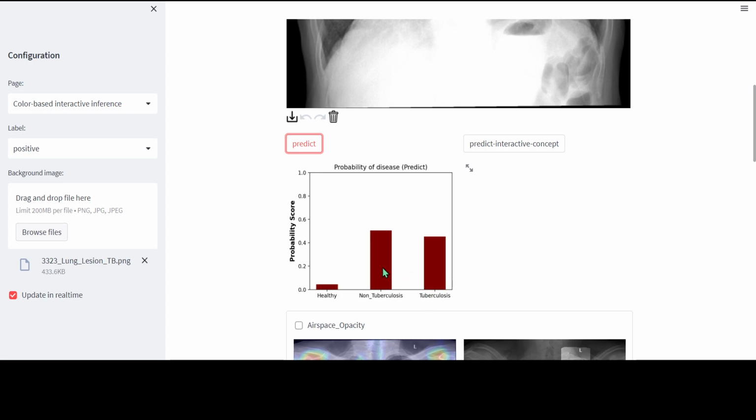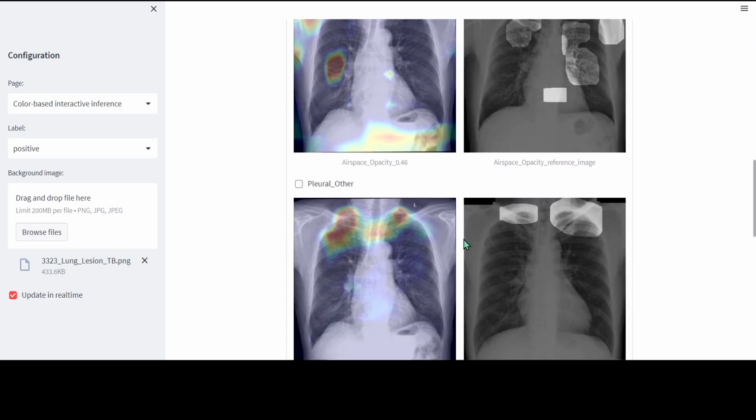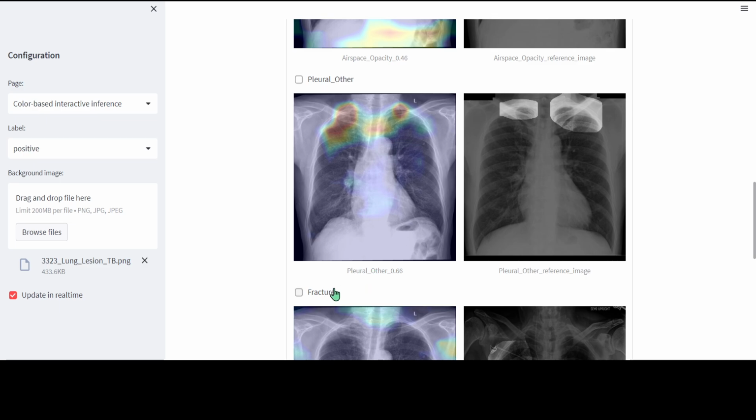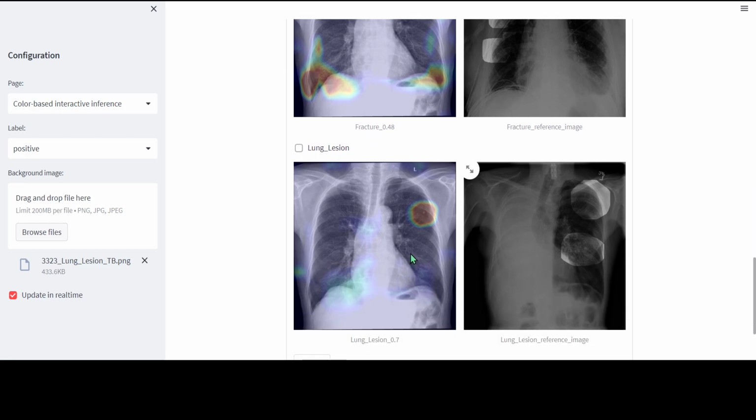You can also see here that the model is uncertain between these two classes, as it gives them a nearly equal score. And here are the explanations of the model having the concept. You can see the similarity map here on the highlighted region of the left-hand side image. You will see it is strongly relevant to the same segmented area in the prototype sample at the right-hand side image.